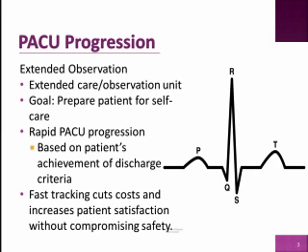PACU progression. If a patient assigned to Phase 1 care on admission to the PACU is stable and recovering well, the patient may rapidly progress through Phase 1 to discharge to either Phase 2 care or an inpatient unit. This accelerated progress is called rapid post-anesthesia care unit progression. It can occur with inpatients or with outpatients.